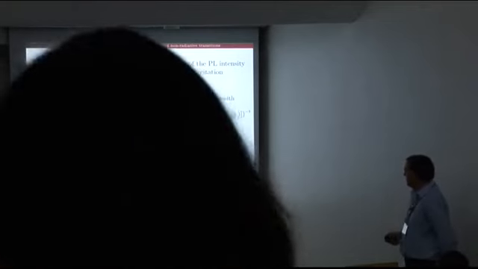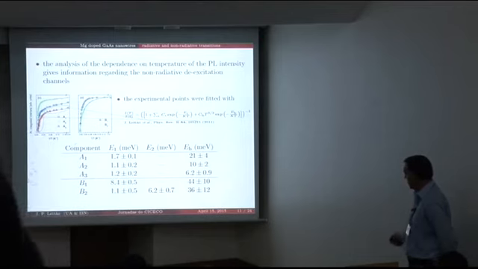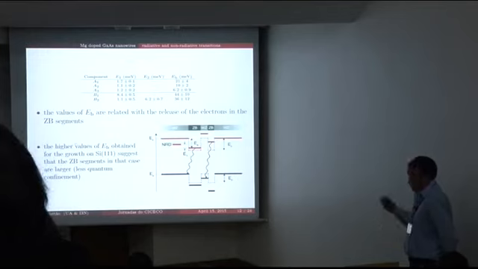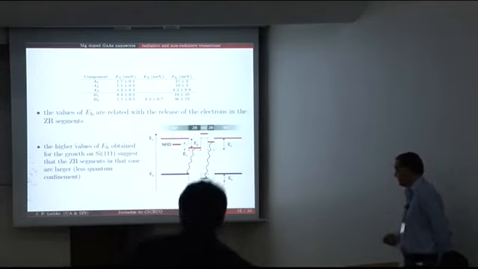The best model gave these activation energies that are shown here, and we ascribe the values of the activation energy involving the band to the release of the electrons from the zinc blende band offsets. It corresponds more or less to these values. At least this is our interpretation.